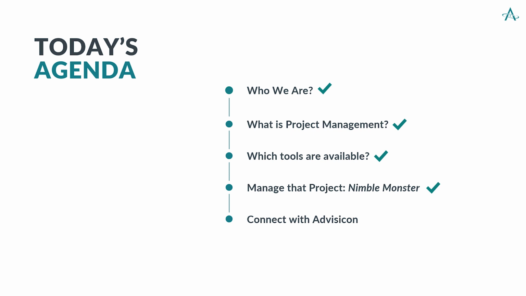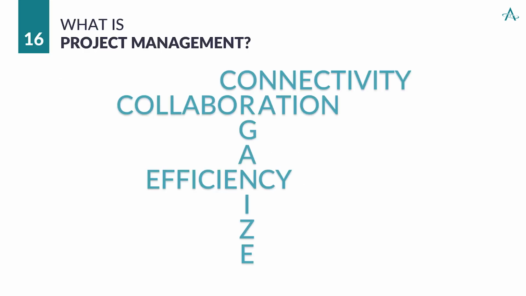While many of those projects can be accomplished using the Microsoft suite of tools, today we focused on OneNote and how it can bring all those four elements of project management together. We even demonstrated that with our friends at Nimble Monster. So just remember, leave you with these four ideas. OneNote is great for connectivity, collaboration, organization, and efficiency.